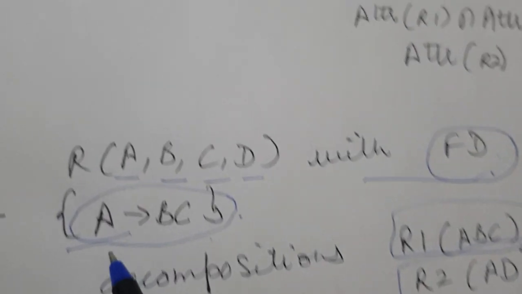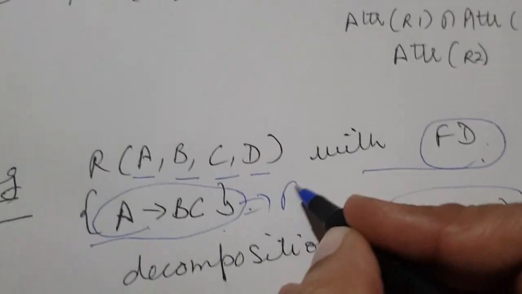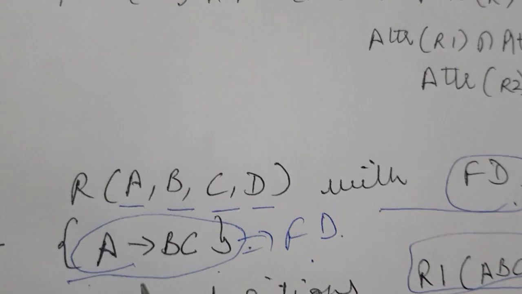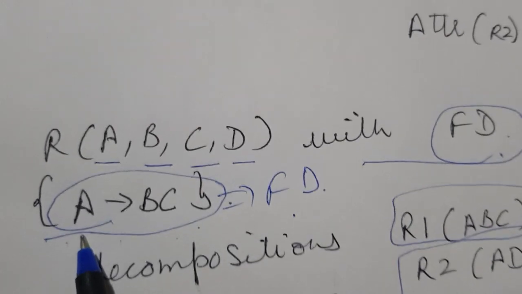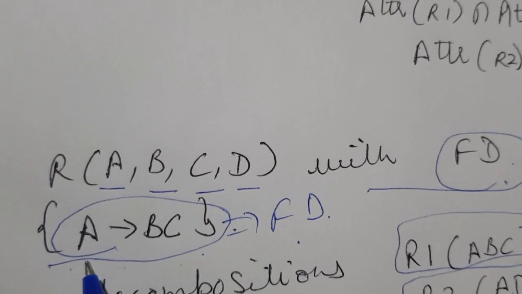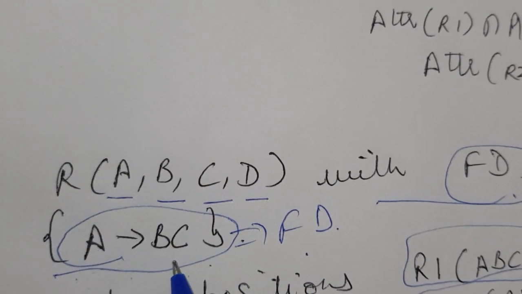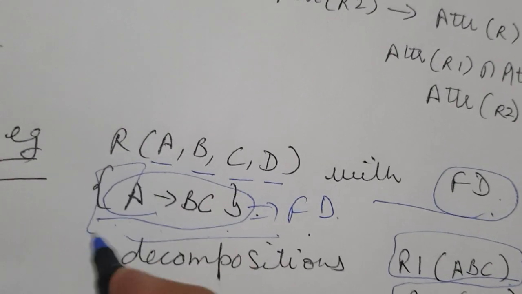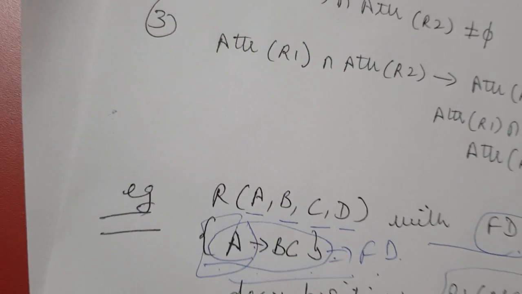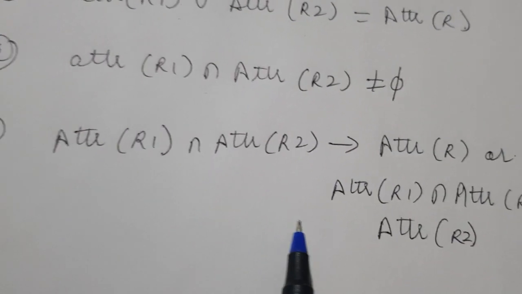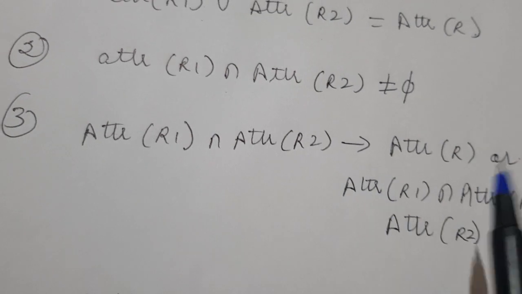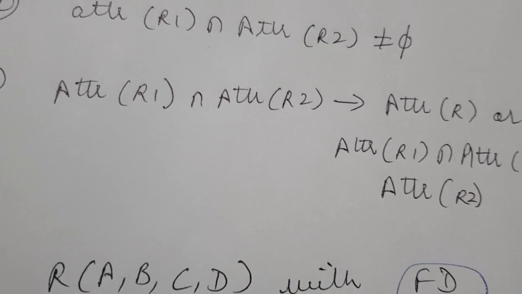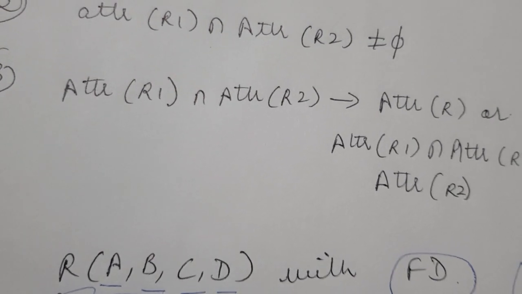This was given as the functional dependency, A to B and C, which means from A as a determinant we can determine the values. So A is chosen as key. The third condition says the common attribute must be a key.